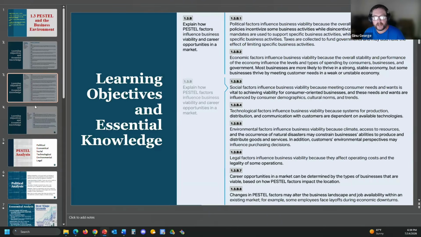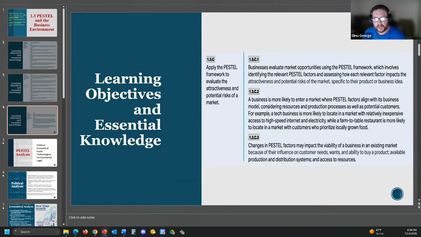When these PESTEL factors change, careers can change for everyday people. For example, during a macroeconomic contraction, you see a lot of structural change in labor markets that leads to a lot of layoffs, especially in weaker sectors, and it drives massive hiring waves in other, highly resilient sectors. So our goal is application.